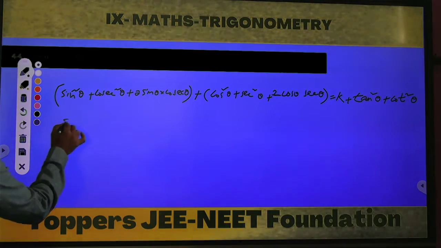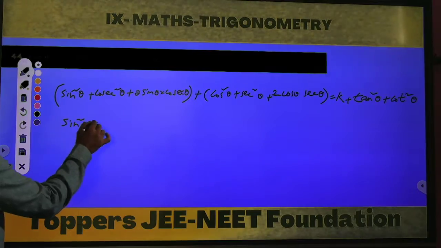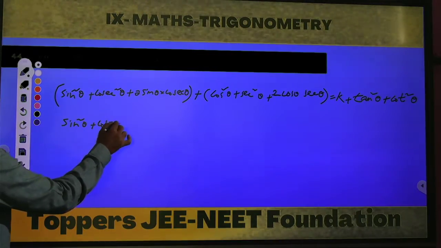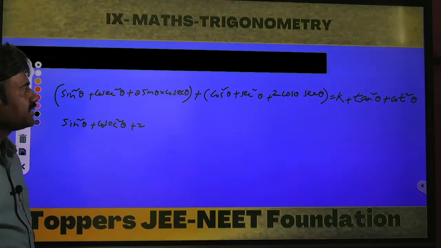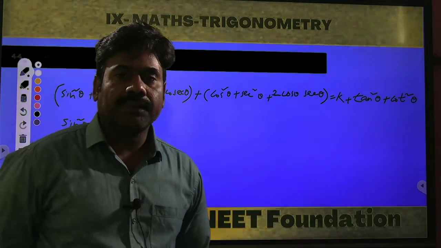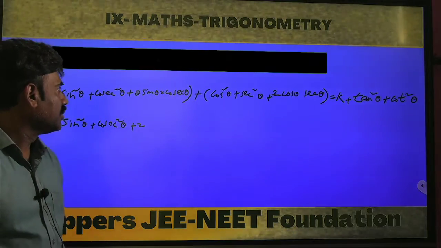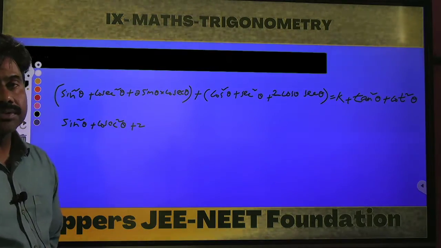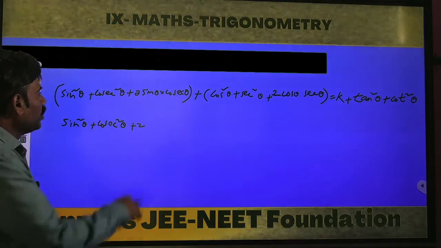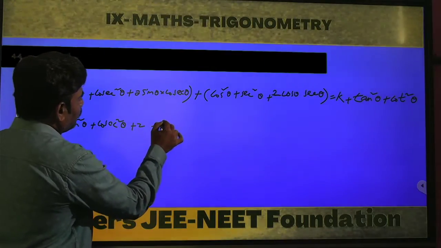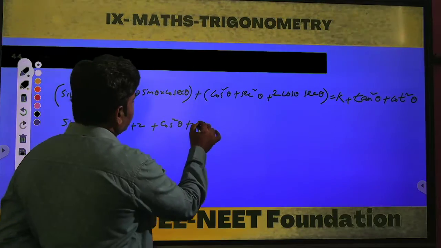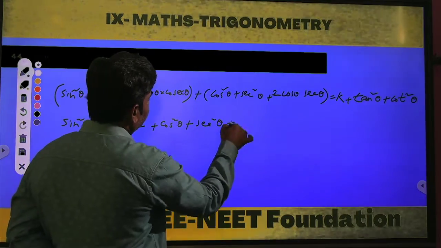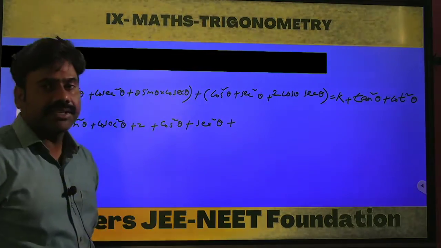Sin square theta plus cosecant square theta plus 2 into sin theta into cosecant theta. Cosecant theta can be written as 1 by sin theta, so sin theta into cosecant theta becomes 1. 2 into 1 is 2, plus cos square theta plus secant square theta plus 2 cos theta into secant theta.